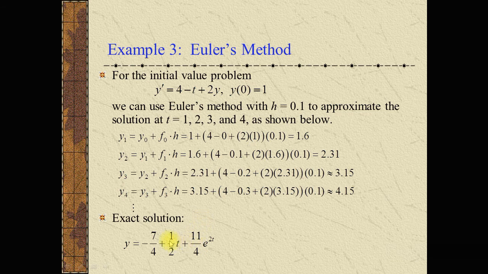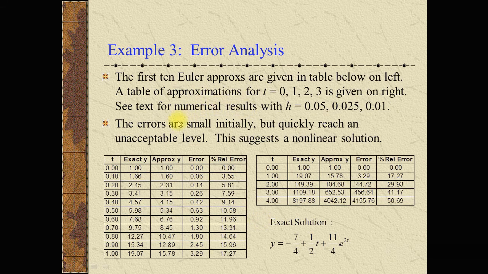Sometimes this exact solution will be given for the comparison of the approximate solution with the exact solution, but if this exact solution is not given, then we have to find the exact solution for the validity of the approximate solution. We will compare the approximate solution with the exact solution, then we can decide how valid the approximate solution is. Now for example, in this problem we compare the approximate solution with the exact solution.